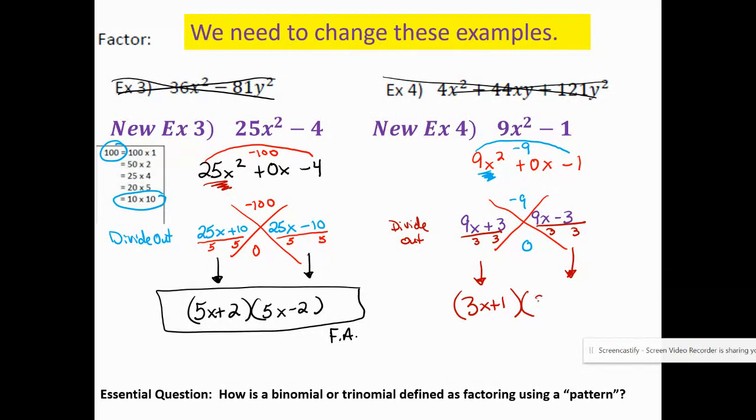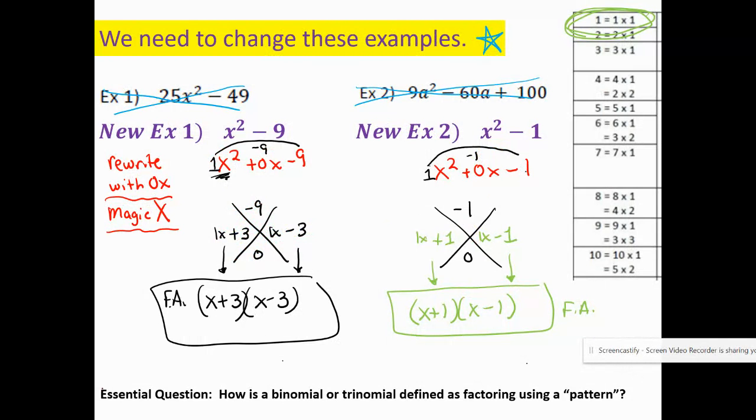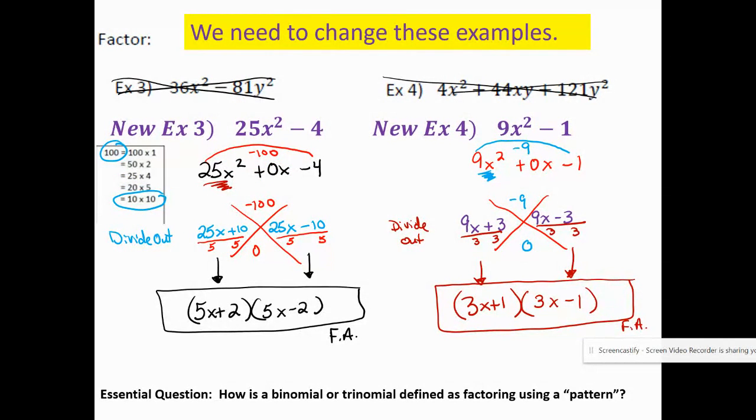Dividing on the other side would be a 3x minus 1. Oops, sorry about that. Let me fix that with my eraser. And that's final answer. Oops. Let's try to move that.